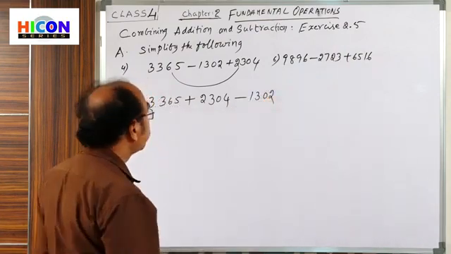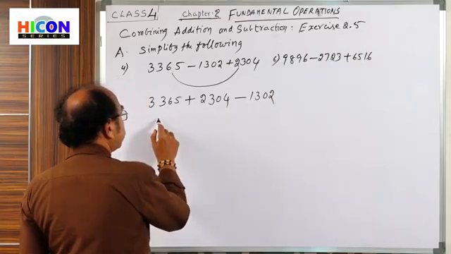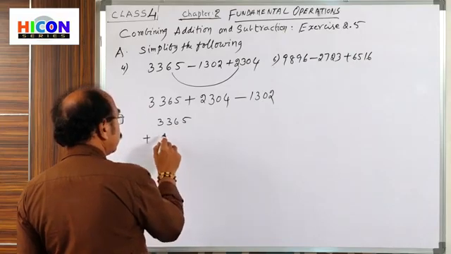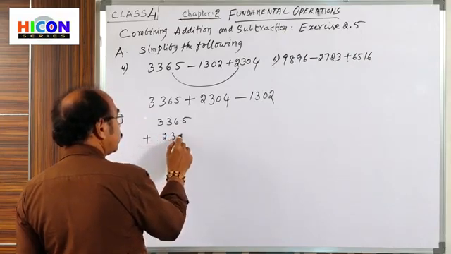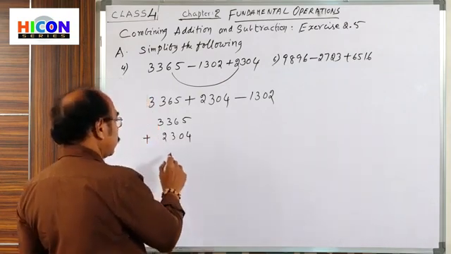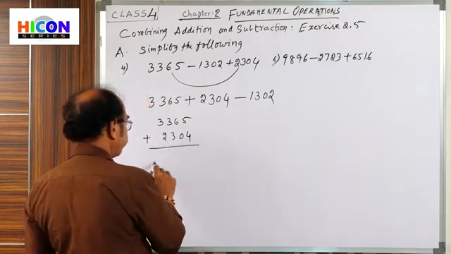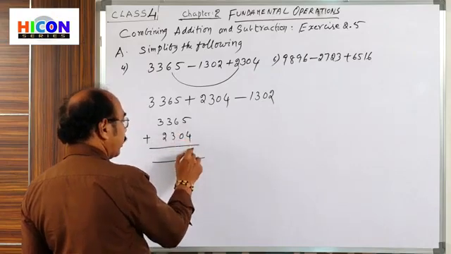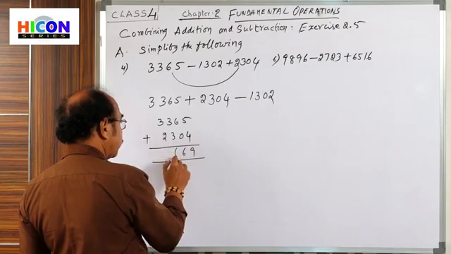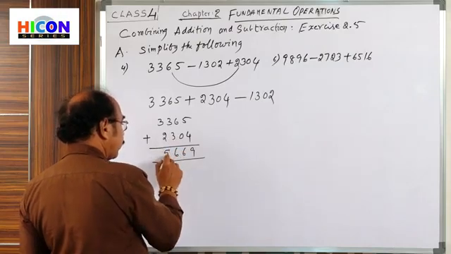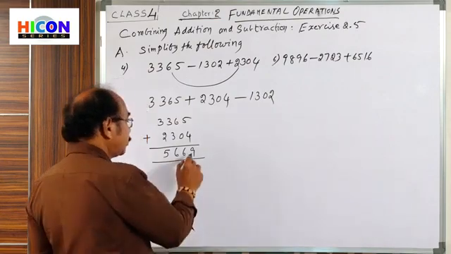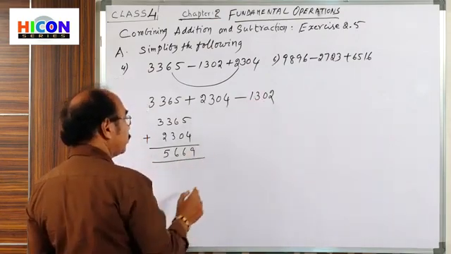So we show the addition here. 3365 plus 2304. Add the two numbers. 5 plus 4, 9. 6 plus 0, 6. 3 plus 3, 6. 3 plus 2, 5. 5669. From this sum, subtract 1302.